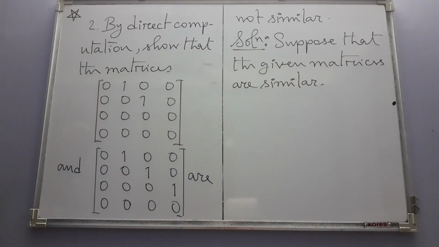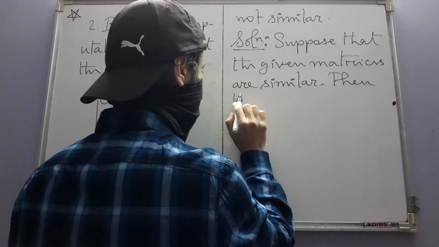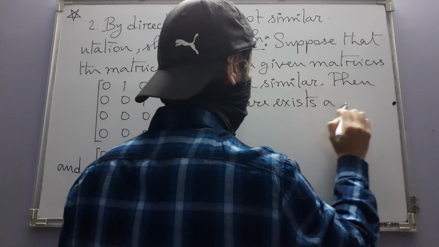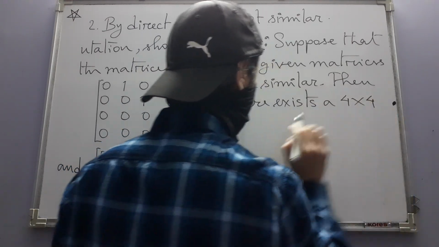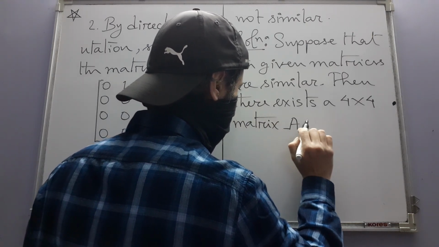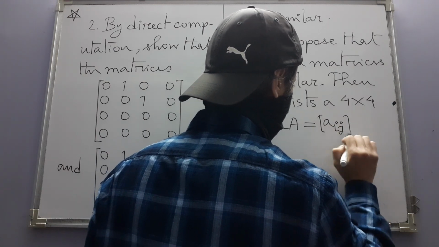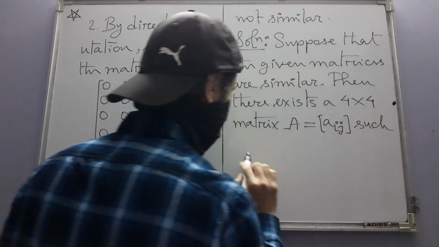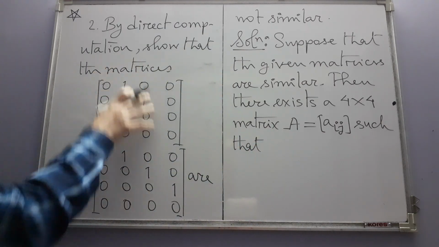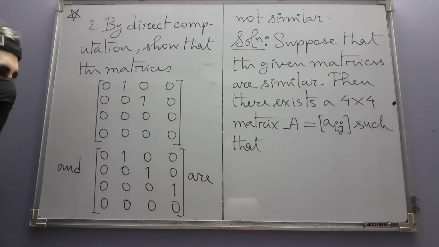then by the definition of similarity, there exists a 4 by 4 matrix A, say whose entries are Aij, such that A times the first matrix times A inverse is equal to this.